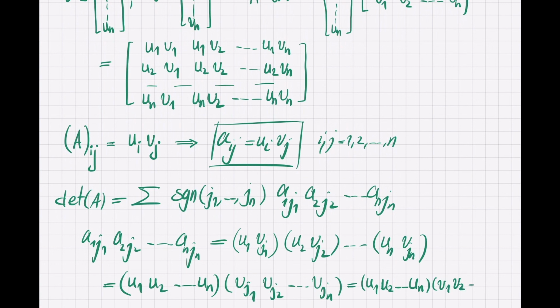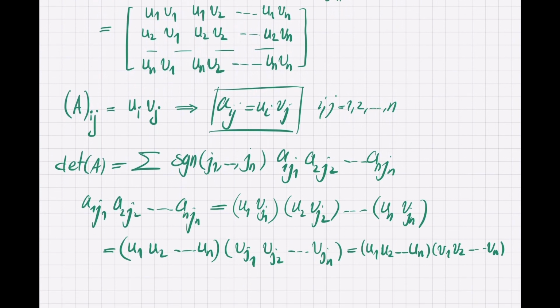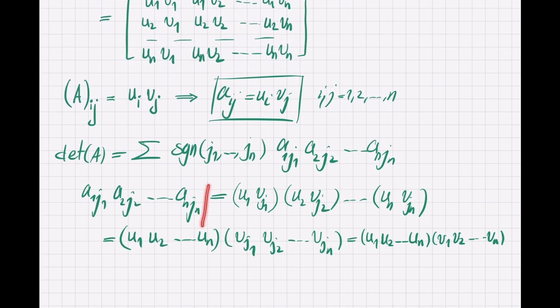So any generic elementary product that I choose from this matrix is always equal to the product of all components of the first vector multiplied by all components of the second vector. So it means that all elementary products are exactly the same.